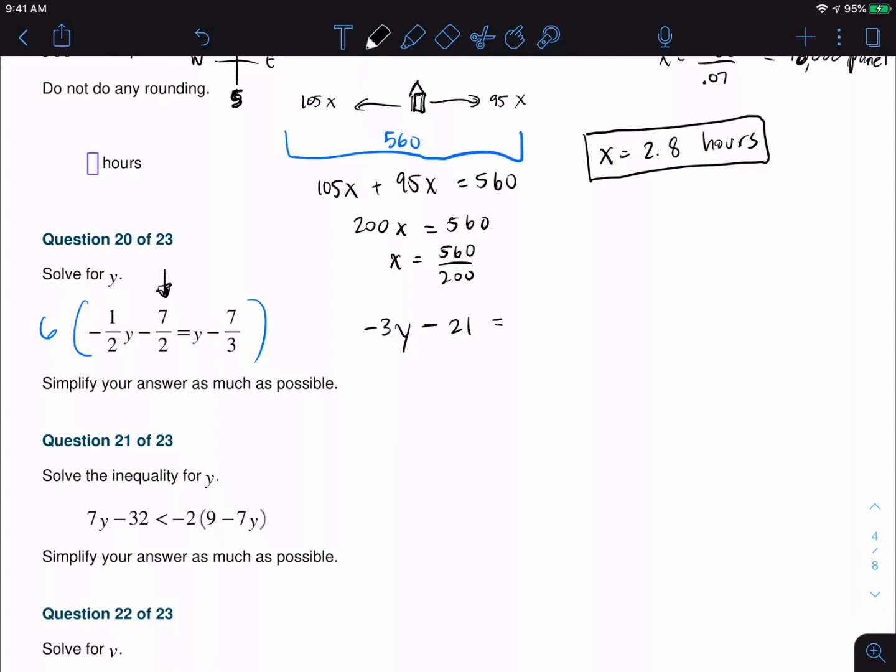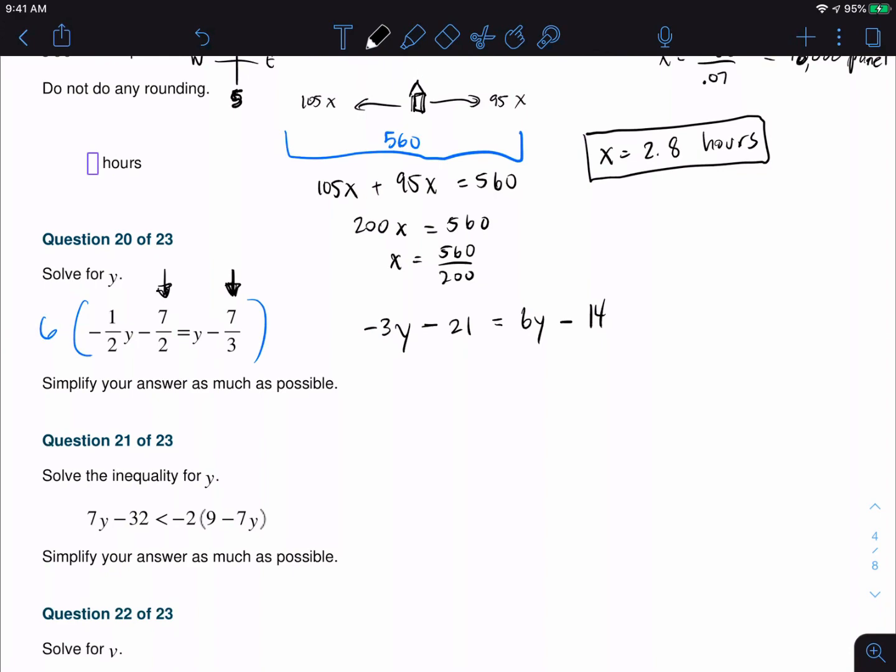And then I have a y there, so what's 6 times y is 6y, right? Yes. And then minus, we're doing this problem now, 6 divided by 3, 2, and then times 7. 14. Perfect. And now we've gotten rid of our fractions.